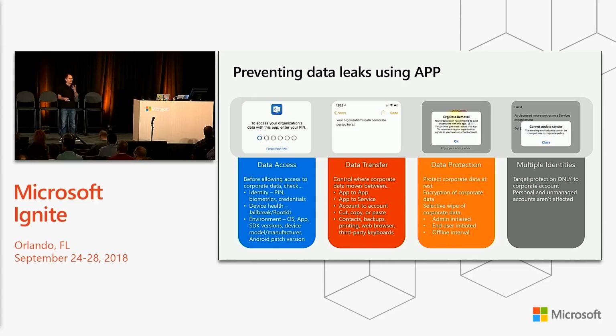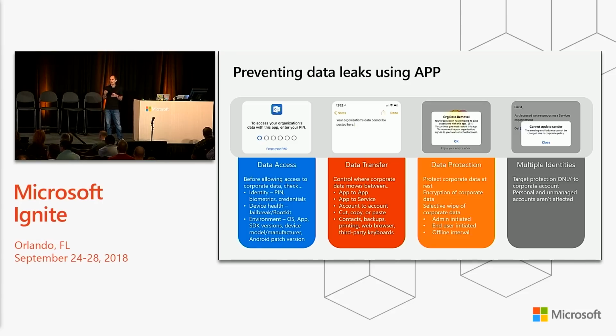And then, of course, this kind of begs the question, well, if we're not enrolling the device, then how do we ensure certain compliance policies are in effect? I've talked about encryption. We'll go into that one in detail. But how do we do data access? How do we prevent, if I can't force a PIN on the device, how do I ensure that the data isn't accessible by anyone who picks up the device?